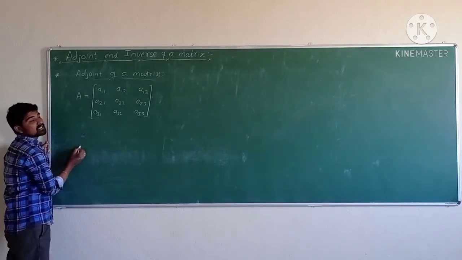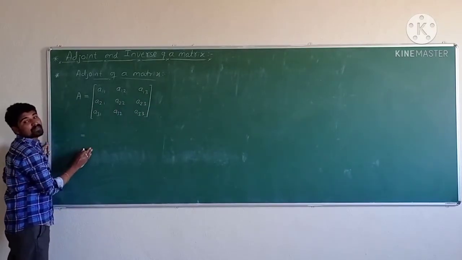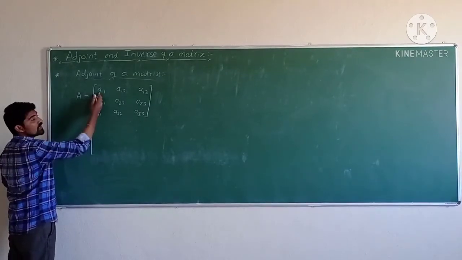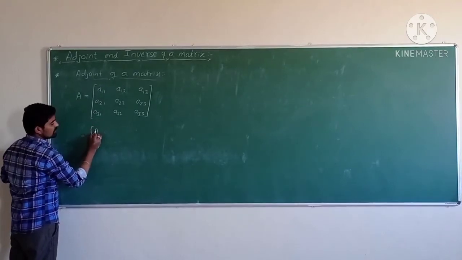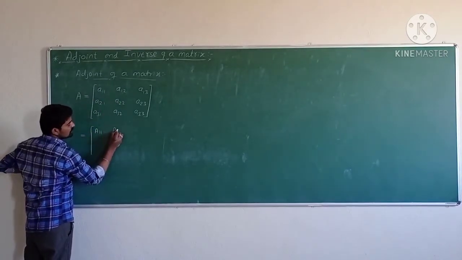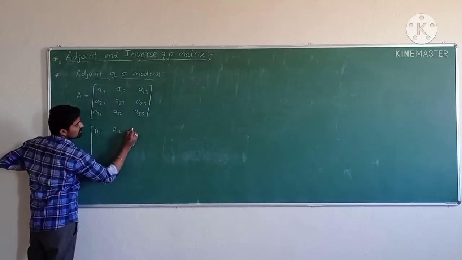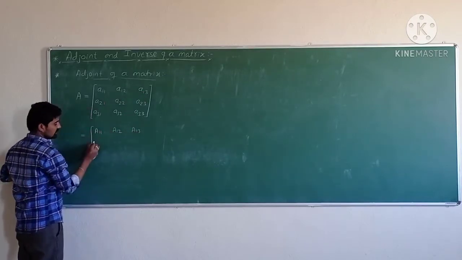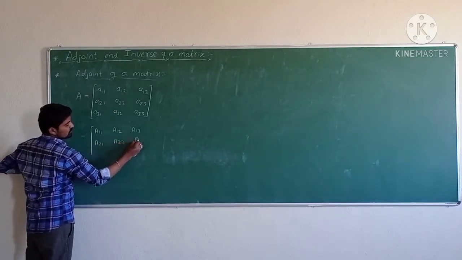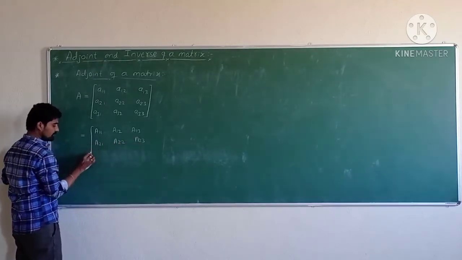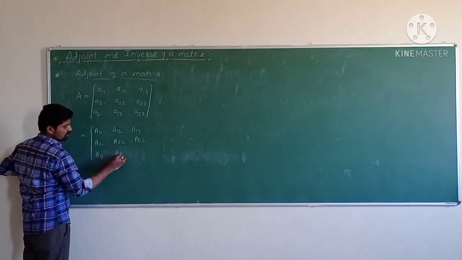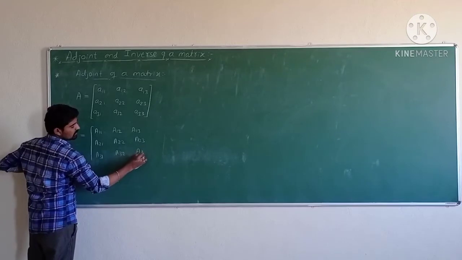Now let us replace the elements of this matrix by their respective cofactors. Cofactor of the element a11 is capital A11, cofactor of the element a12 is capital A12, and A13, A21, A22, A23, A31, A32 and A33.